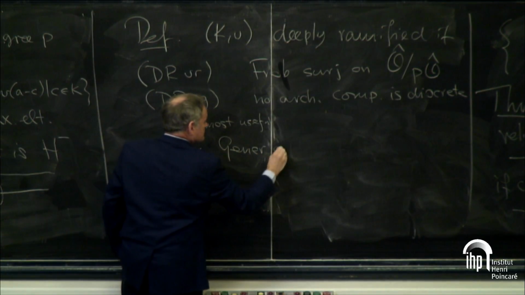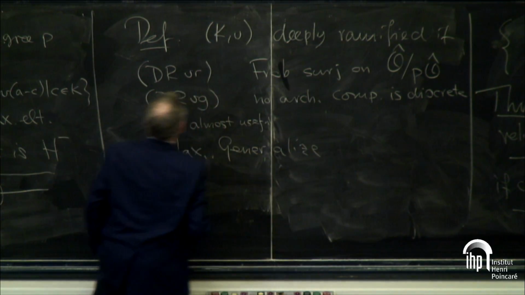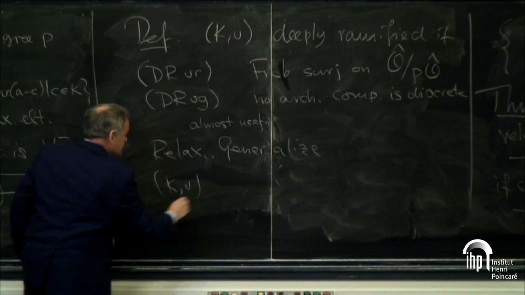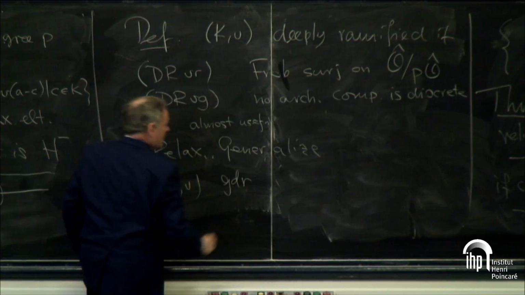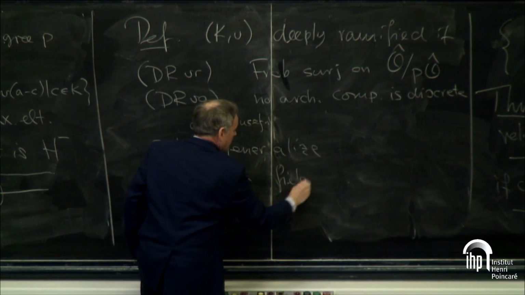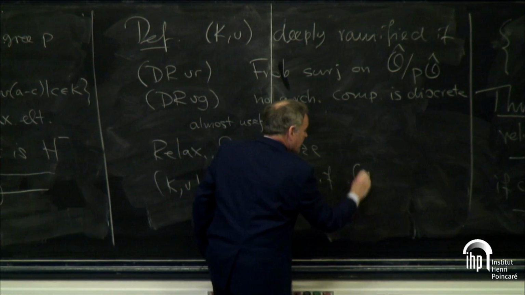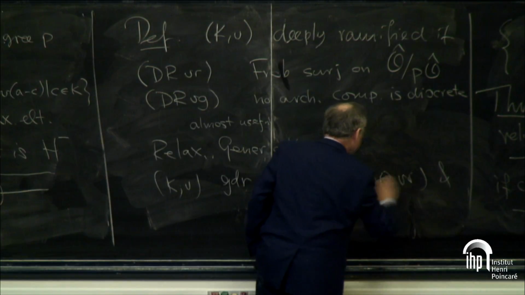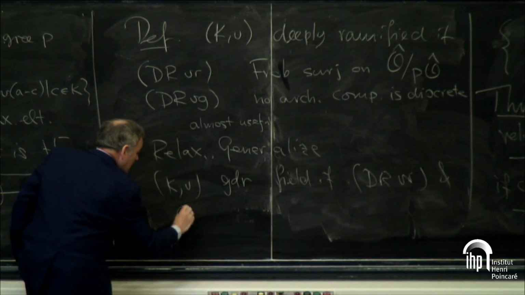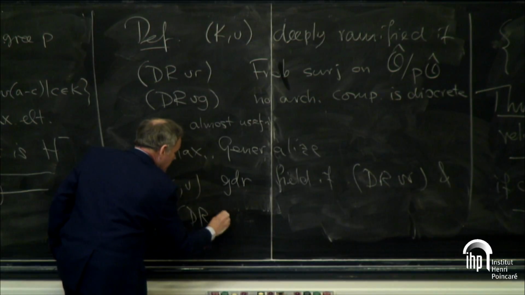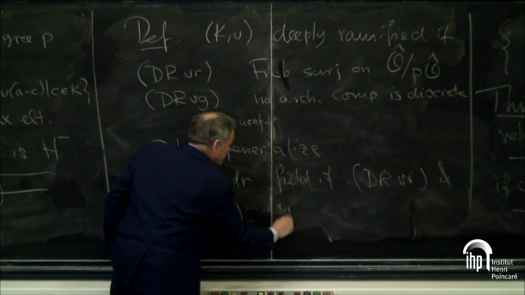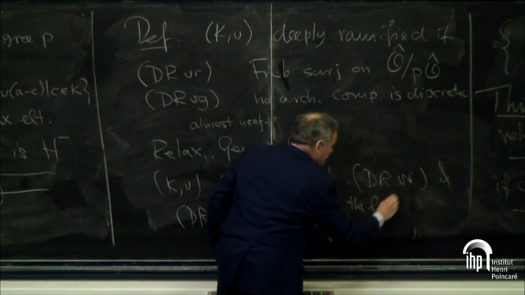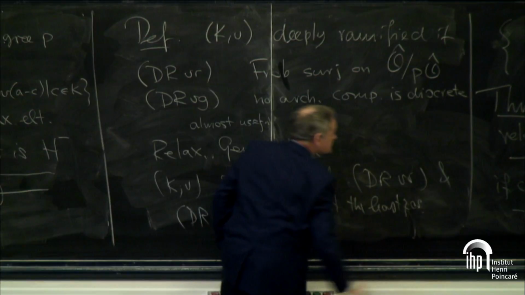And that leads to: (K,v) is a generalized deeply ramified, or GDR, field if we have this condition for the valuation ring and a condition just on vp, that vp is not the least positive element in the value group.